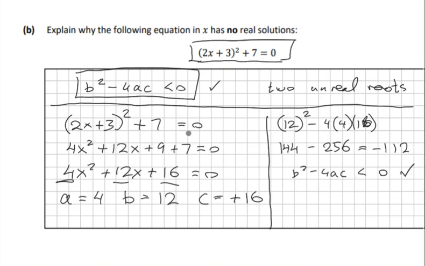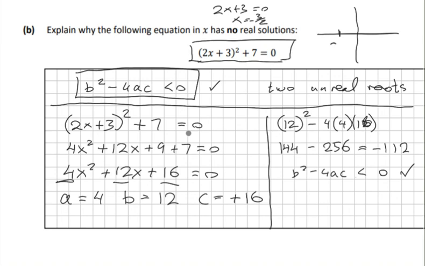and that's proven. The other way would be to just look at the min point of the graph, and the min point of this graph would be found by setting the bracket to 0. 2x plus 3 is equal to 0. x is equal to minus 3 over 2.